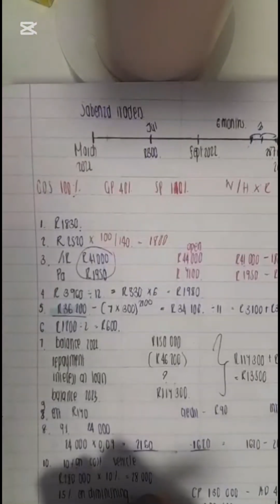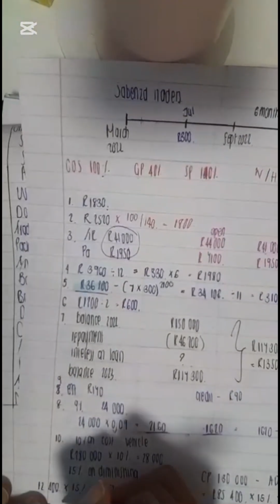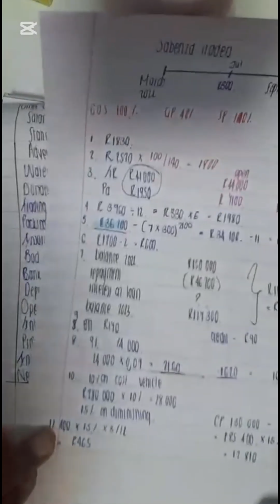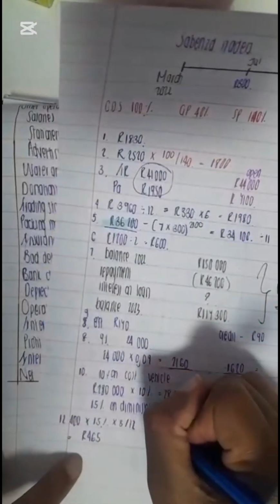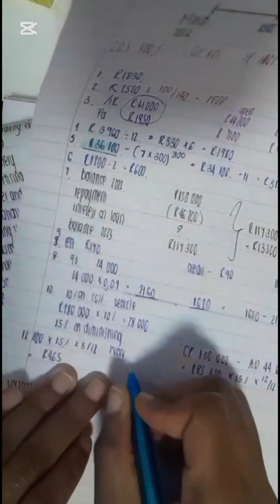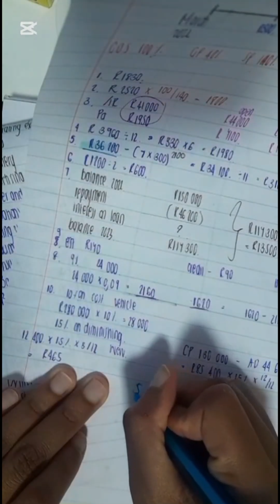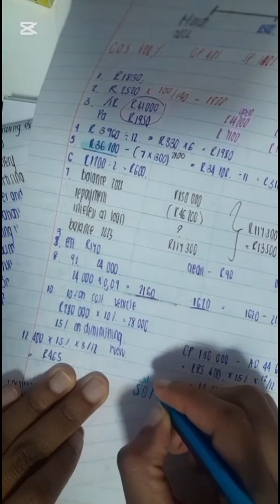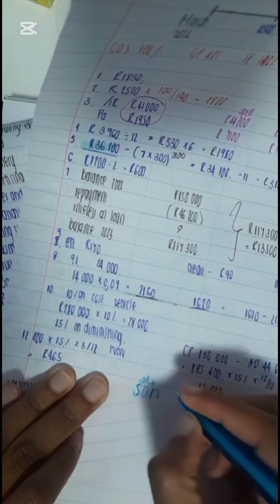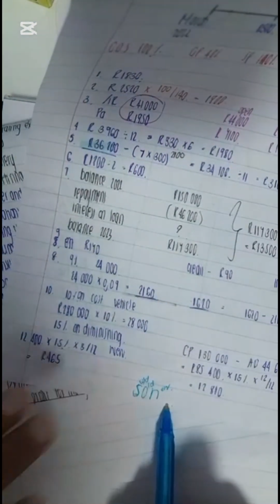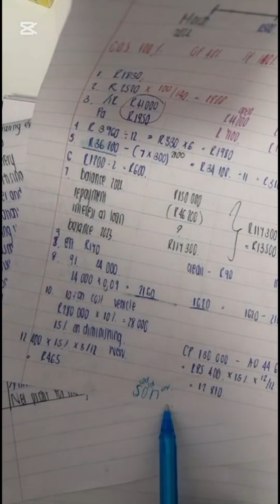Over 12 would give an amount of 465 rands for our new. The best way to remember this is by using the acronym SUN. So this is sold, old, and new. Whenever you have a depreciation scenario.